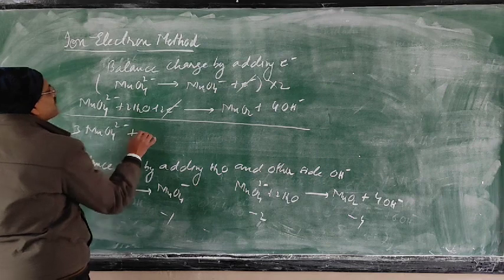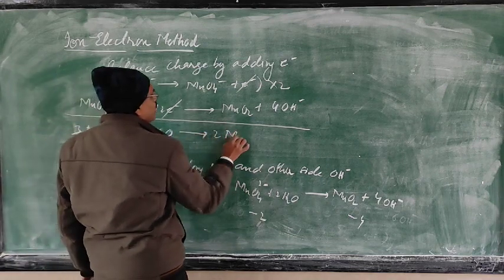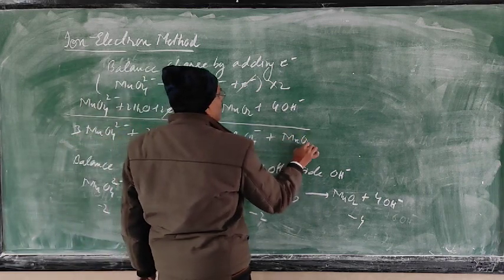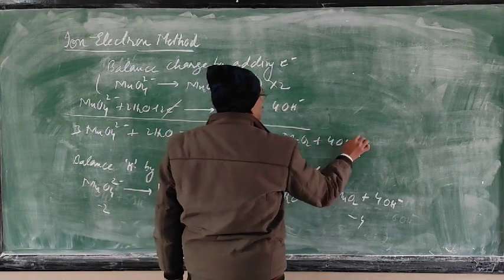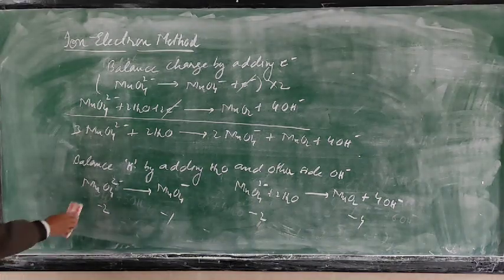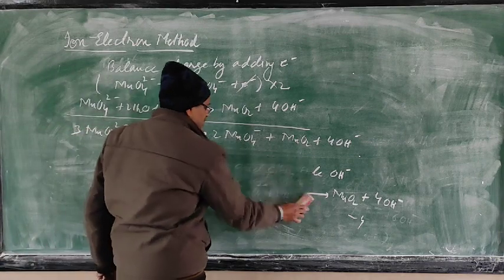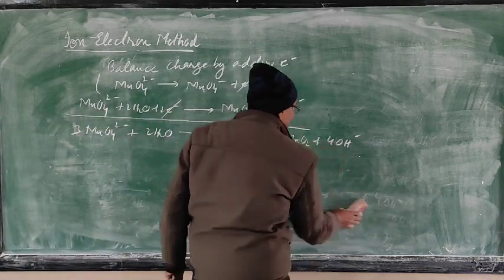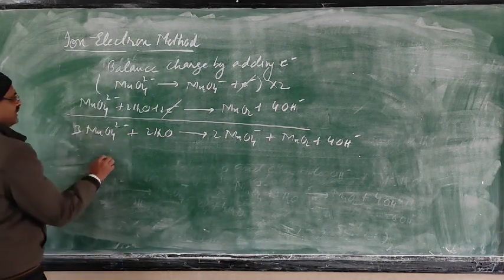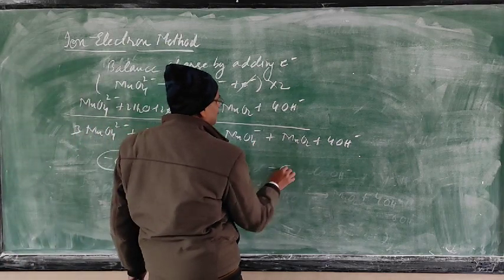Then 2 H2O, that will give 2 MnO4 negative, MnO2 and 4 OH. On the right-hand side, there -4 and left -4, -4.